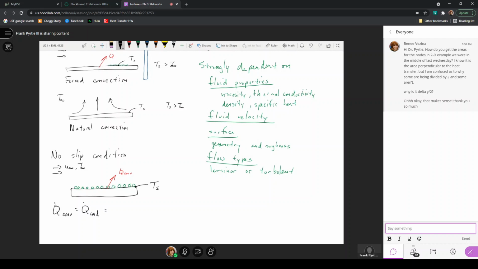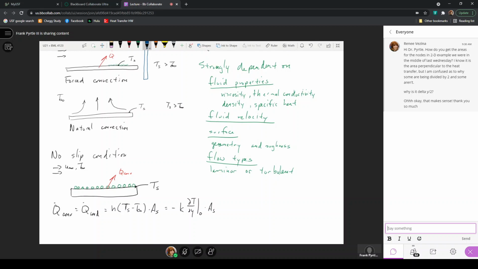Now here, the heat transfer rate by convection will be the heat transfer coefficient times Ts minus T infinity times the surface area, and the heat transfer rate by conduction will be minus k dT/dy, and this is at y equals 0, times the same surface area.